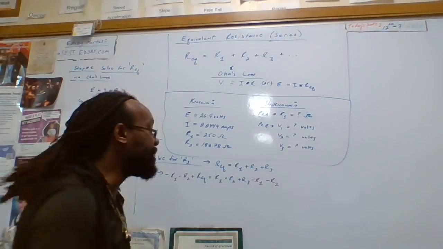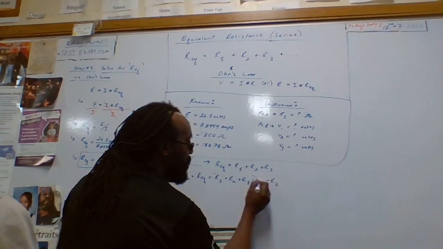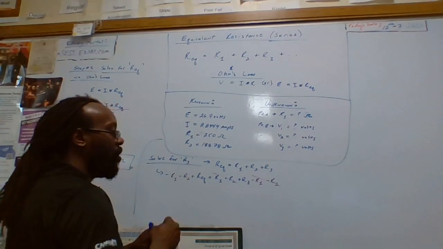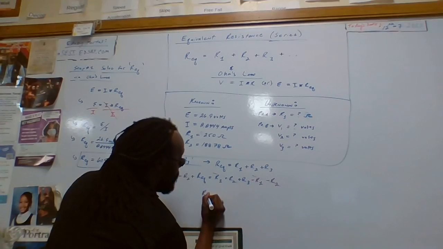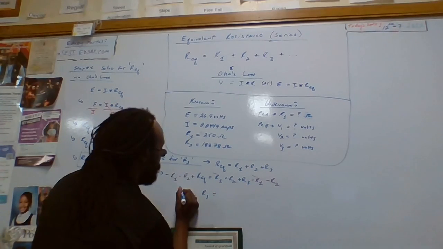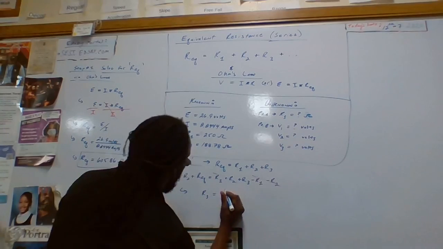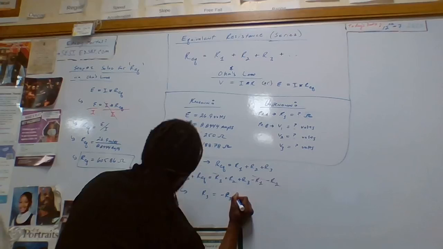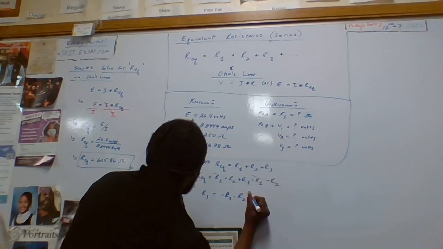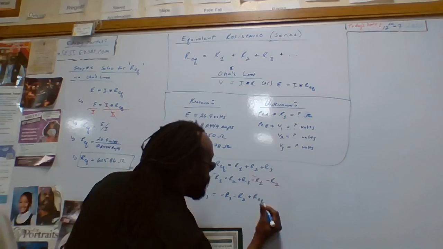Now these things cross out, so our R1s and R2s are gone. We have a whole new equation now where R3 is equal to, just rewriting the rest over here correctly mathematically, minus R1 minus R2 plus REQ, right?